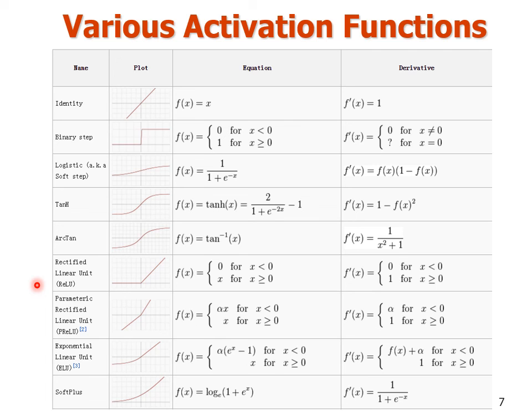We have parametric rectified linear units, exponential linear units, and so on. So we have listed all those functions here with their plots so that we can understand the behavior of the functions. Also, we have the mathematical expressions for the functions and their derivatives.